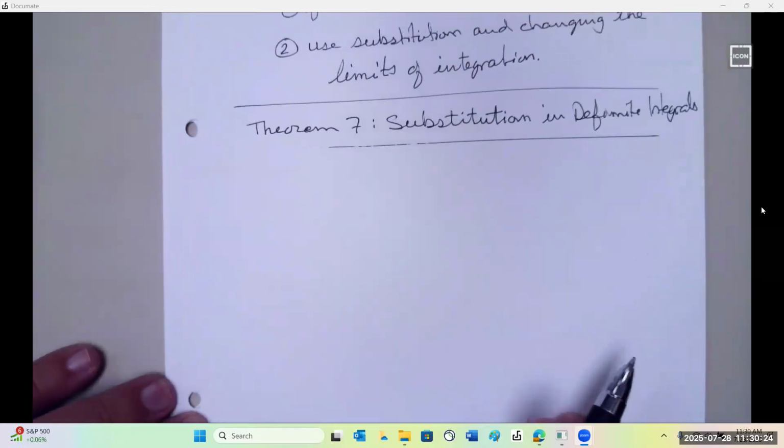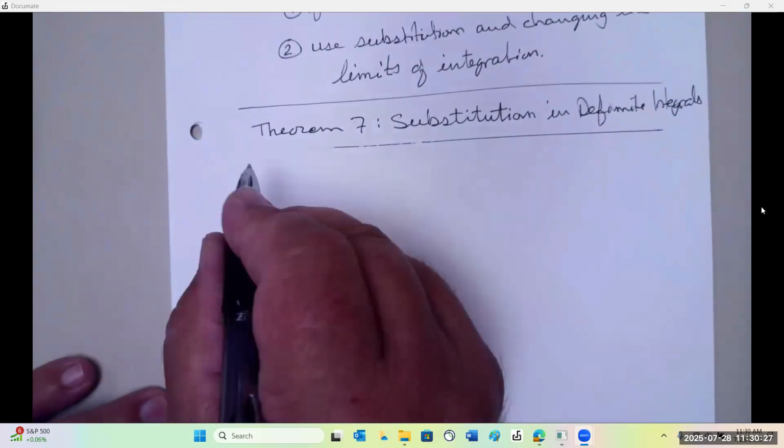So theorem 7 says substitution in definite integrals.